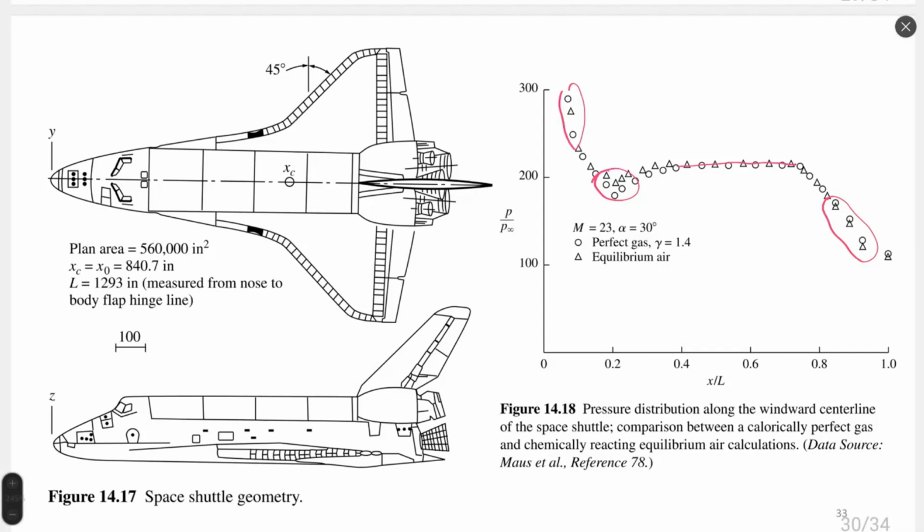Where gradient of flow parameters change is high, we can see significant difference of flow properties. At the point where we have almost constant area, results of calculation using perfect gas model and equilibrium air model are very similar.